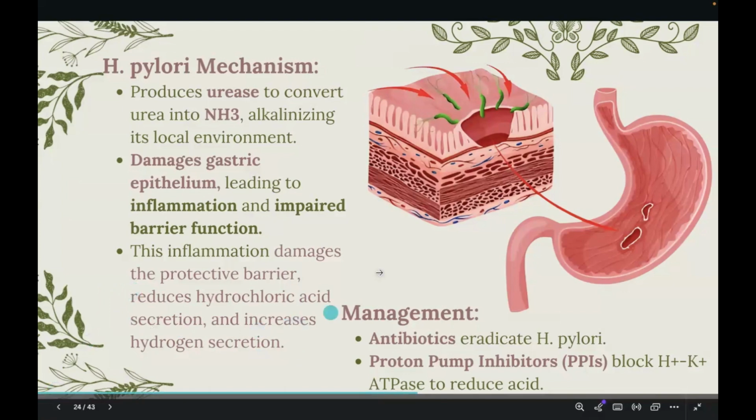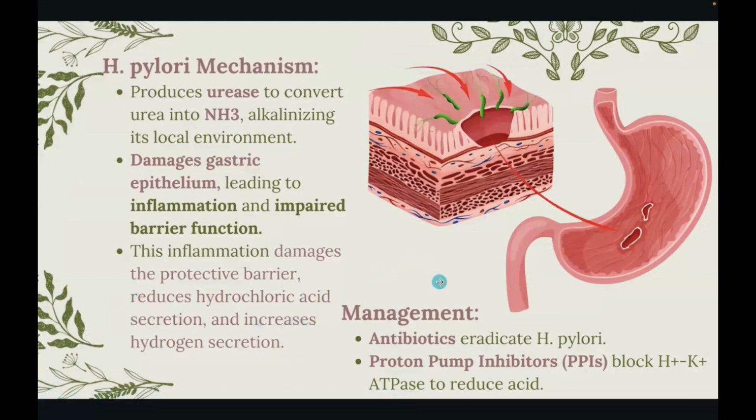Now, how can we manage H. pylori infections and how can we prevent peptic ulcers from being formed by them? We give them antibiotics. H. pylori is the bacterial infection, so we give them antibiotics. And we can also aid them with PPIs because now the stomach has ulcers in it. You can see there are openings in it. So imagine HCl seeping out from it.